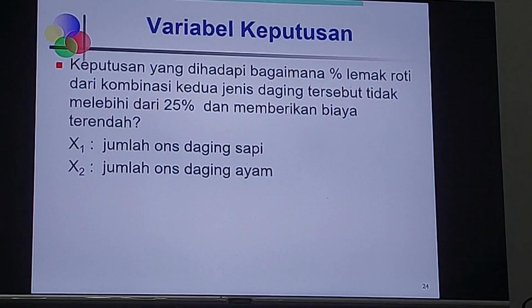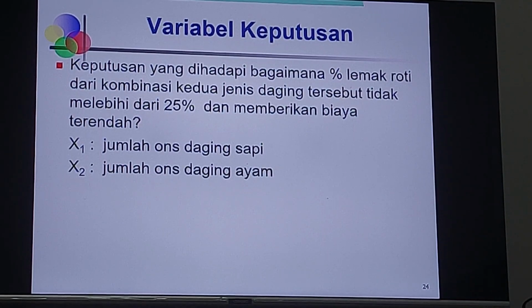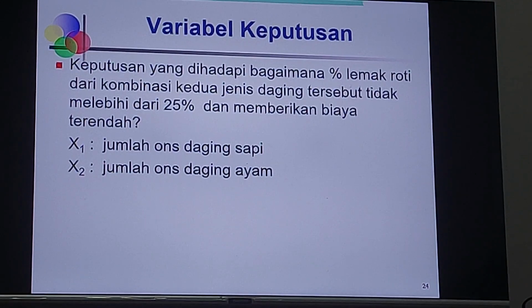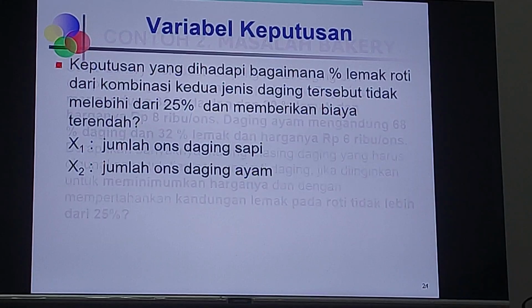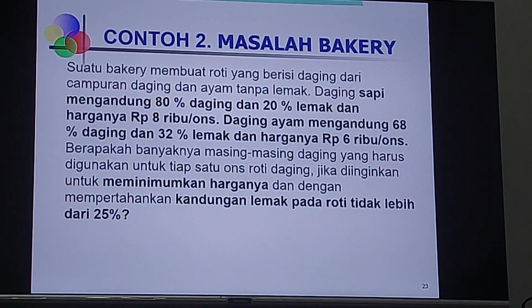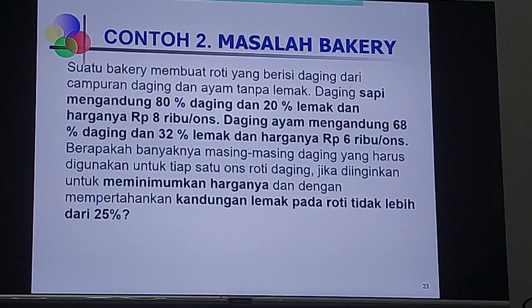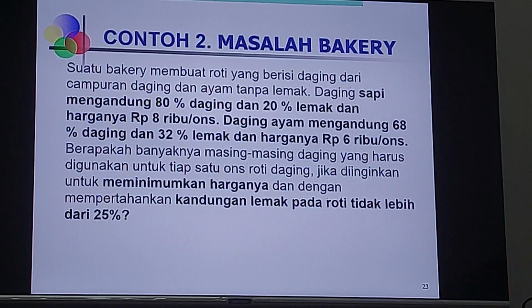Any question about this part? Yes, it is being asked. And then after that, you need to find out what your goal is. What do you need to find this for? The goal is to minimize the price, minimumkan harga, minimize the cost.